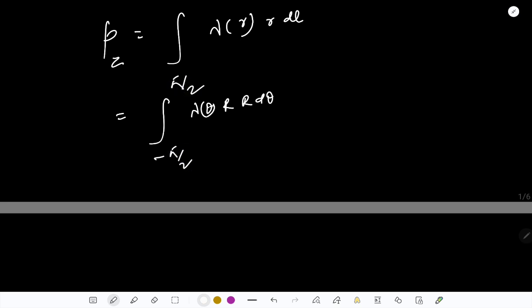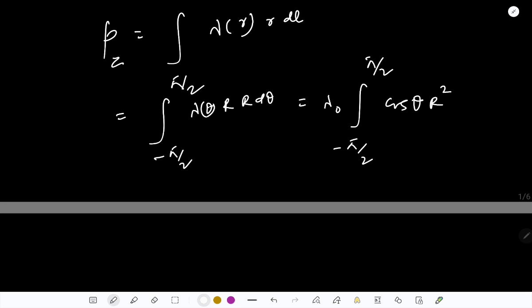So we write lambda naught cos theta, and then r square.